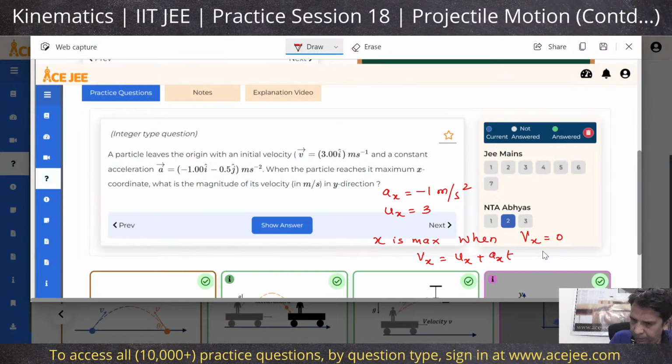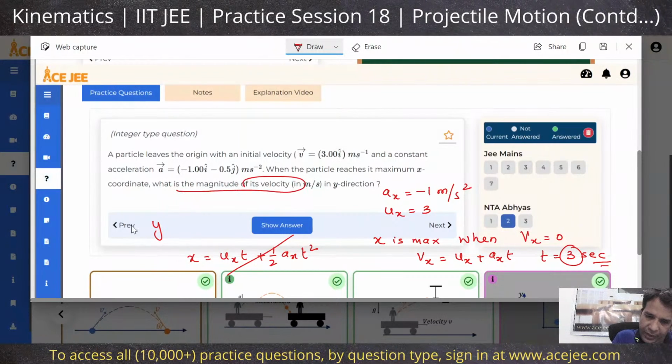And minus 1.5 j. So you guys have figured out the time t, 3 seconds, and we are interested in finding the magnitude of its velocity in the y direction.